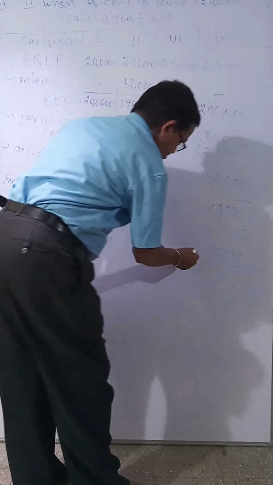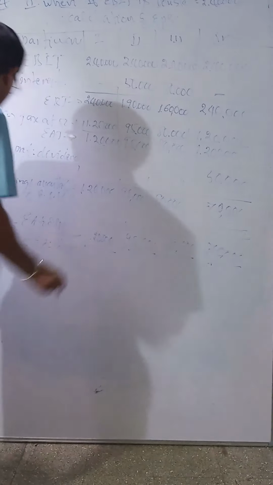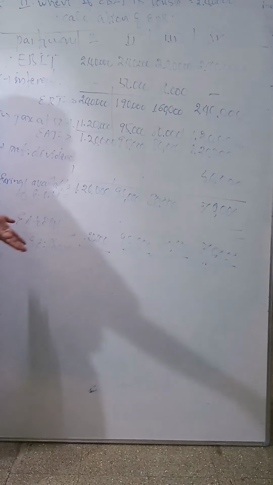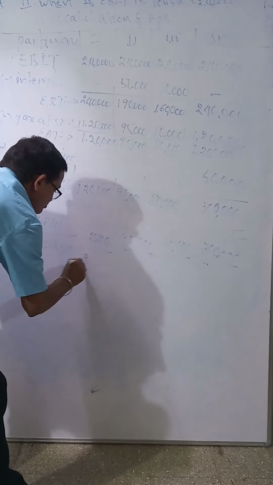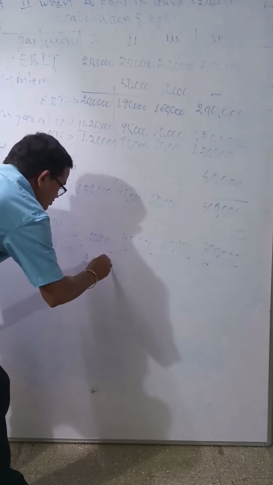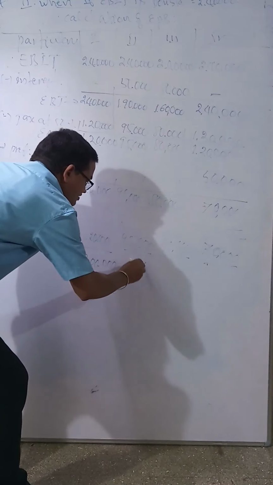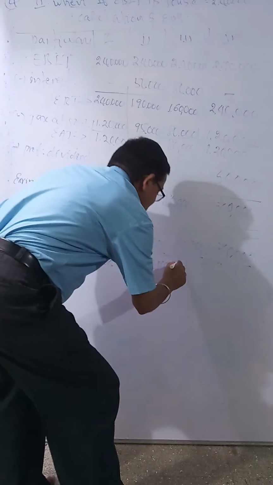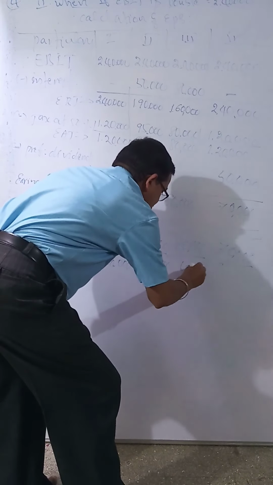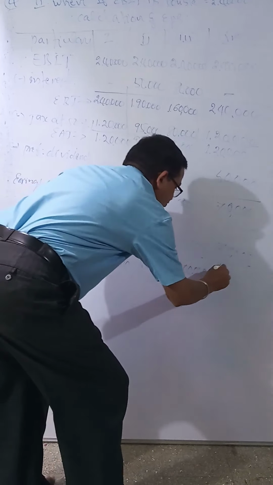Number of equity shares is common, we already have it. First, 2 lakh. Second one, 1,50,000 shares. Third one is 1 lakh. Fourth one, 1,50,000 shares.